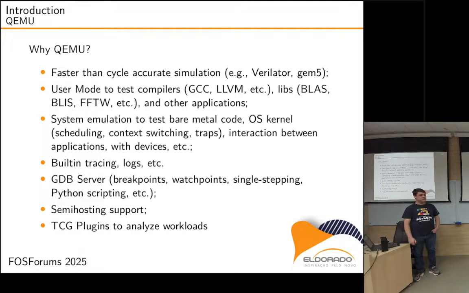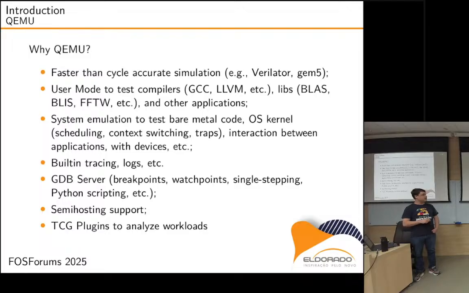QEMU can be used in user mode to test your compiler or to test libraries. And then you can go to system mode to test bare metal code, to test the Linux kernel, to test if context switching is correct, if the traps are being generated for your user space process, to test the interaction between applications and devices. QEMU also has built-in tracing and logs that also have very good performance.